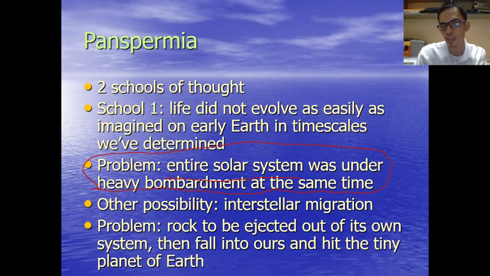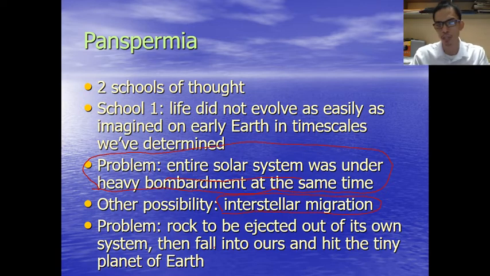So who knows, some bacteria may have originated from those objects. So the possibility of living things being present here on Earth came from interstellar migration. The problem is for rock to be ejected from its own system, then fall into ours and hit the tiny planet of Earth.